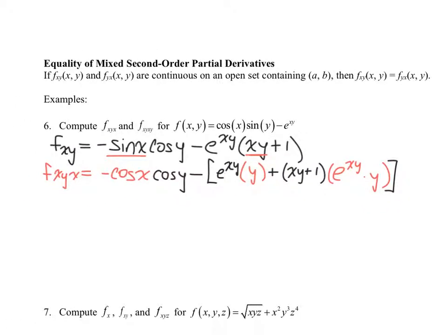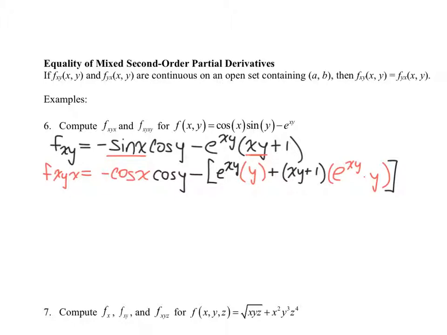Right? The unfortunate aspect of this is that I then have to take the derivative again with respect to y, which means that it's probably within my best interest to clean this up somewhat. All right? The good news is each part of the inner bracket contains a y e to the xy, so I can pull that out of the whole thing.